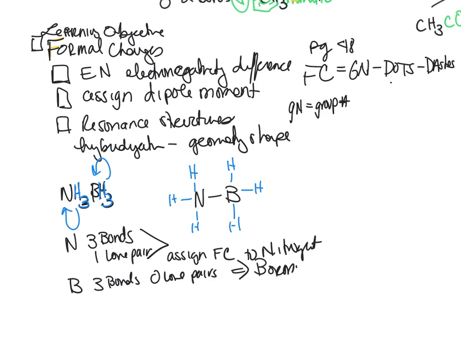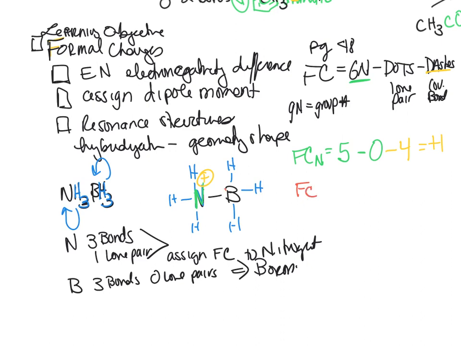Dots are the lone pairs and dashes are the covalent bonds. So let's do the formal charge for nitrogen. It's group 5, minus how many dots? It has 0 dots. And how many dashes? How many bonds? It has 4. So 5 minus 4 is a plus 1.